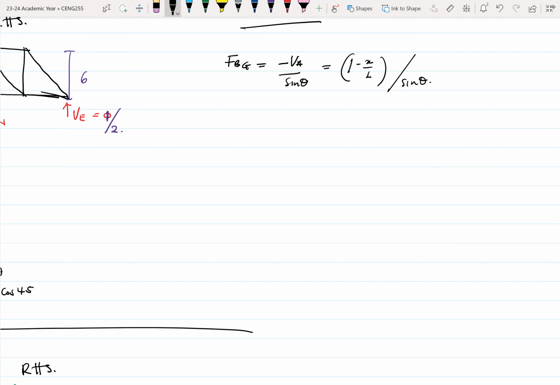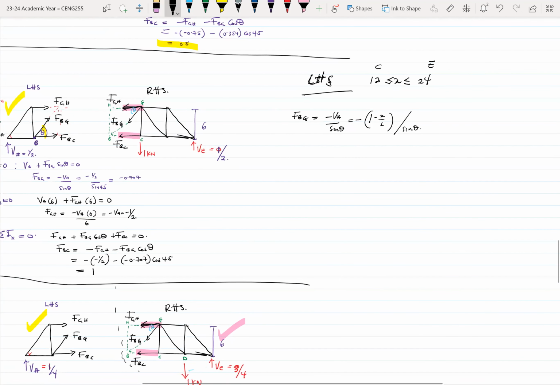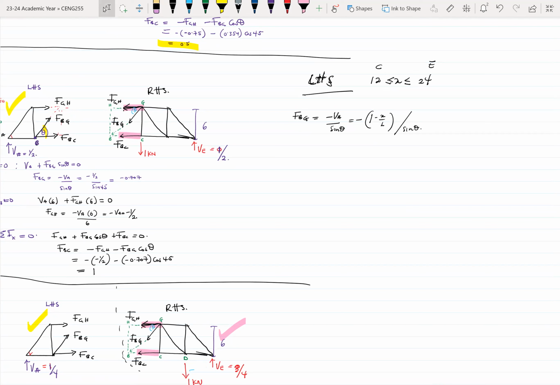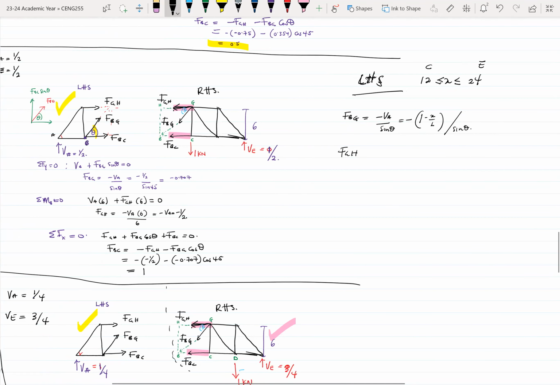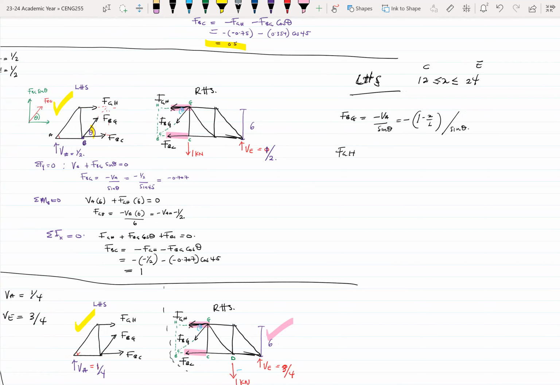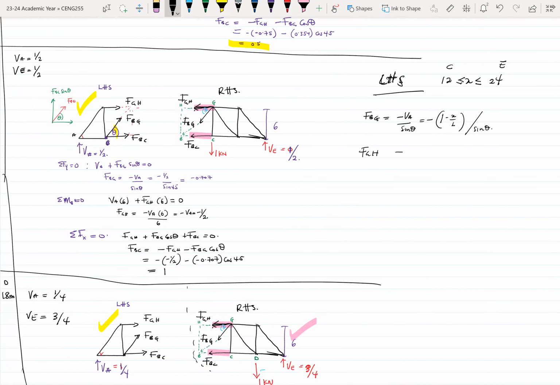You can expand this whole thing, and it becomes easier. Then our FGH will be equal to minus VE.